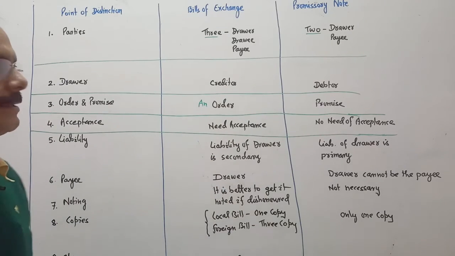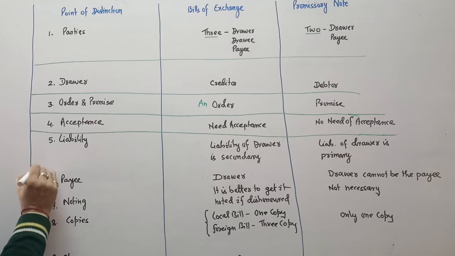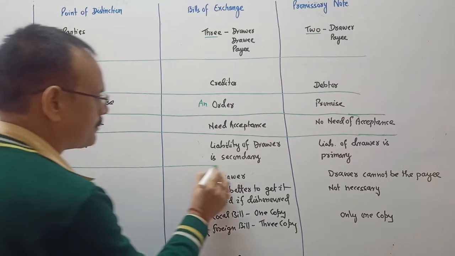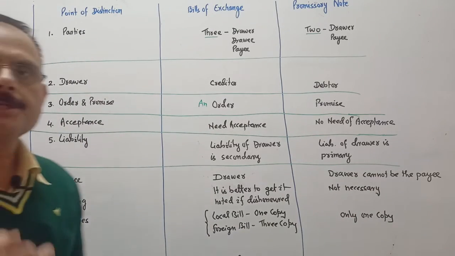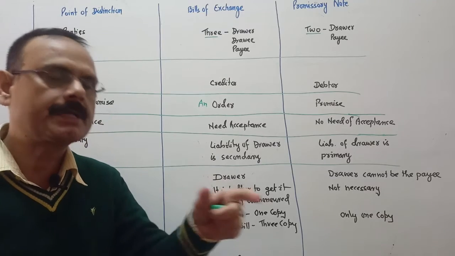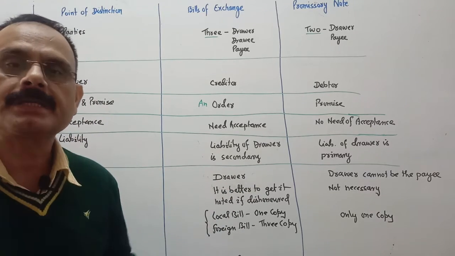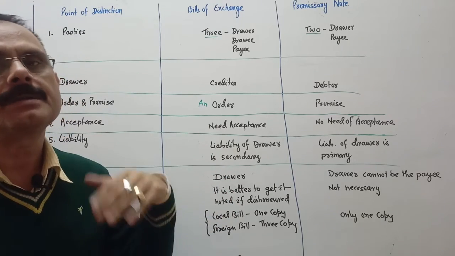It's an undertaking. Okay, next is liability. The liability of the drawer will be secondary in bills of exchange. Who draws the bill? The creditor draws the bill.